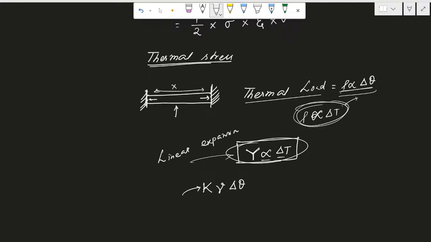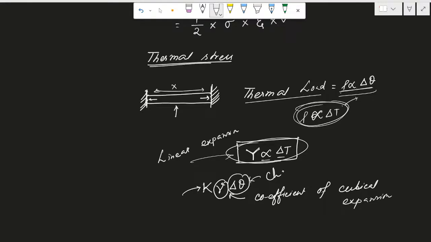K is the bulk modulus, gamma is the coefficient of cubical expansion, volume wise, and delta theta is the change in temperature.